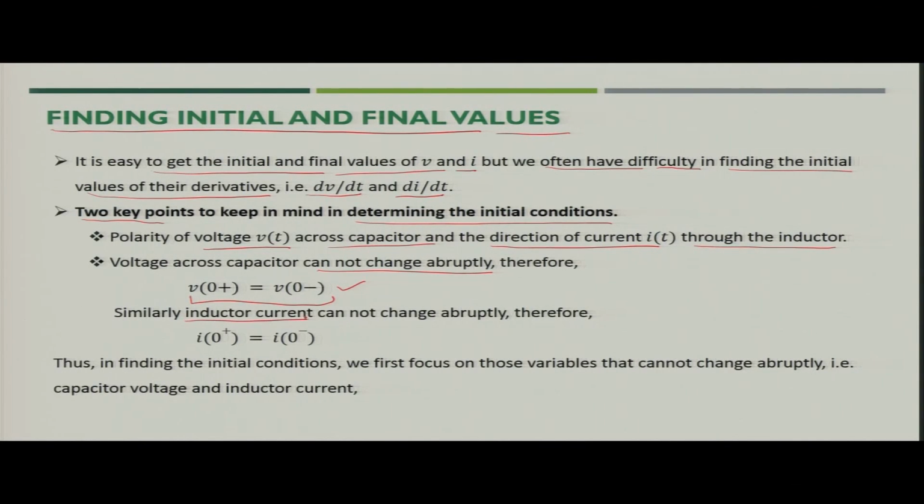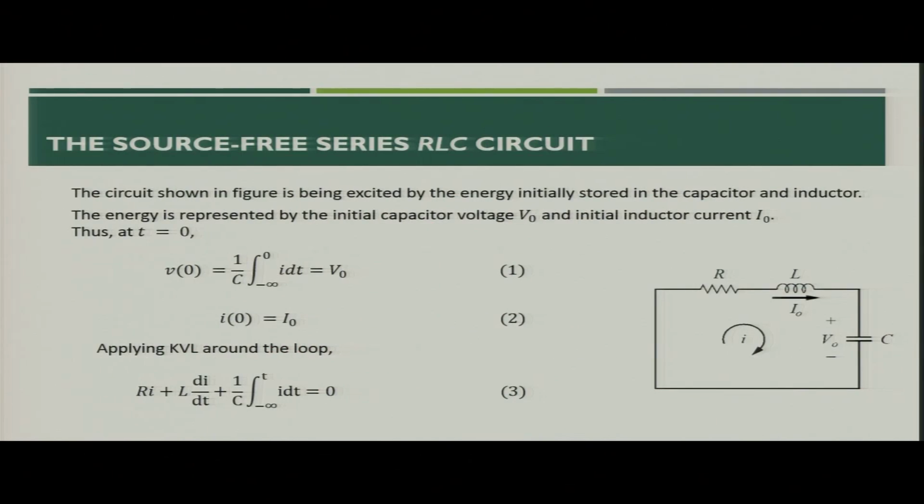Similarly, the inductor current cannot change abruptly, therefore i(0 minus) would be equal to i(0 plus). Thus, in finding the initial conditions, we first focus on those variables that cannot change abruptly, that means the voltage of the capacitor and the current flowing through the inductor.